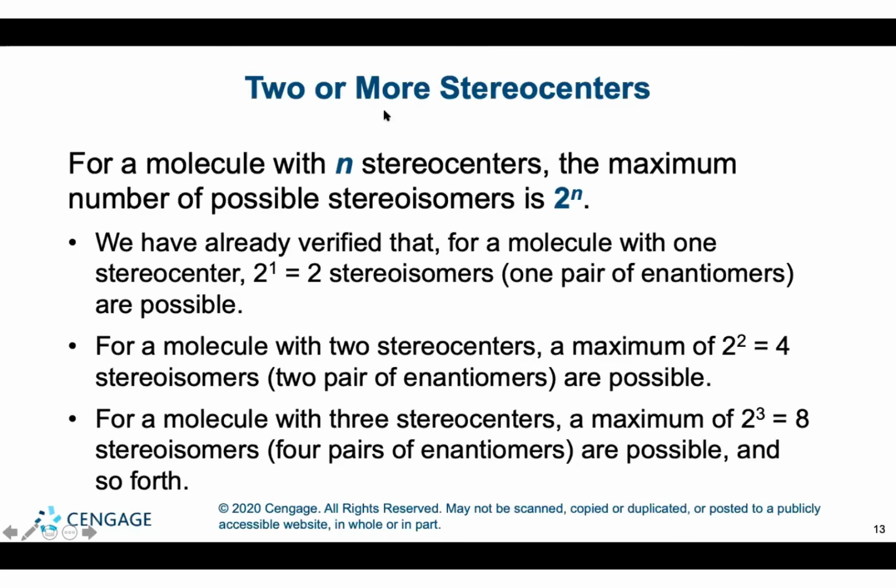Let's find out how we can find how many stereoisomers we have. If you remember, we talked about isomers having the same molecular formula. Now let's see how we can find how many stereoisomers we have. This is the formula for it: 2 to the power of n. N is the number of chiral carbons in the compound.